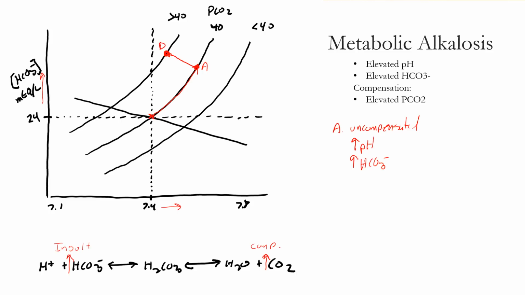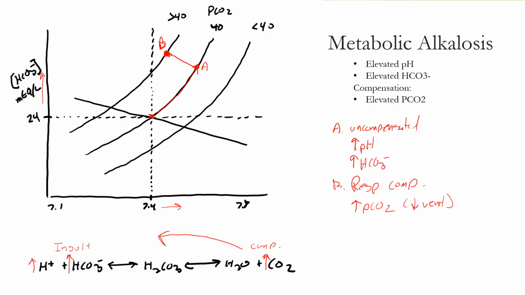I'll make that point B. So point B is respiratory compensation, an increase in our PCO2, which means a decrease in ventilation. So we hypoventilate and increase our CO2. That helps to push the equation in this direction, which helps to increase the number of free protons, which helps to decrease our pH back into the normal range.